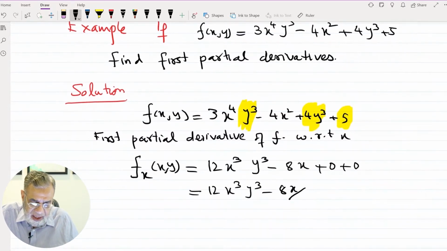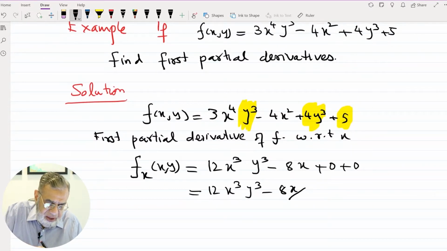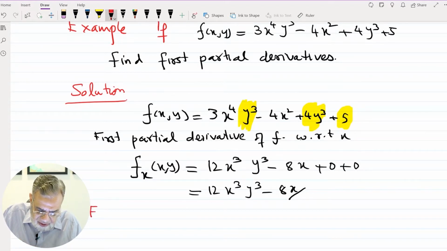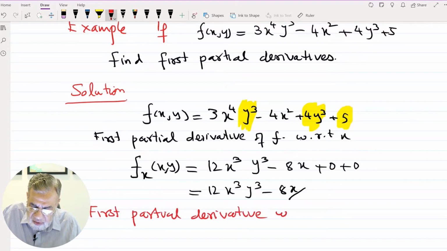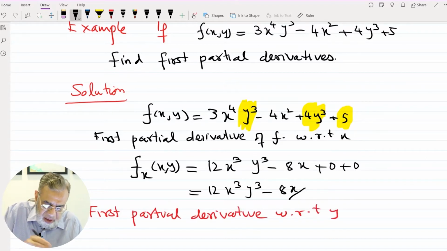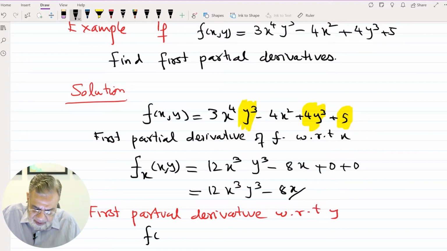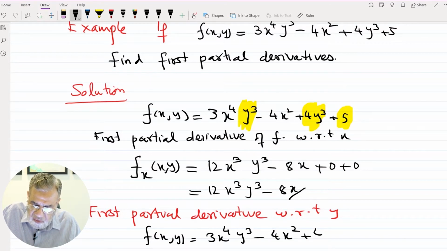Now I move on and find the first partial derivative with respect to y. So we write here the first partial derivative with respect to y. The function is f(x,y) = 3x^4 y^3 - 4x^2 + 4y^3 + 5.